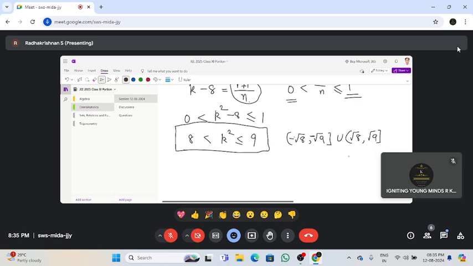So it will come like that. Here actually, since this is smaller, we'll have to put it the other way. So this is minus 3 to minus 2 root 2.